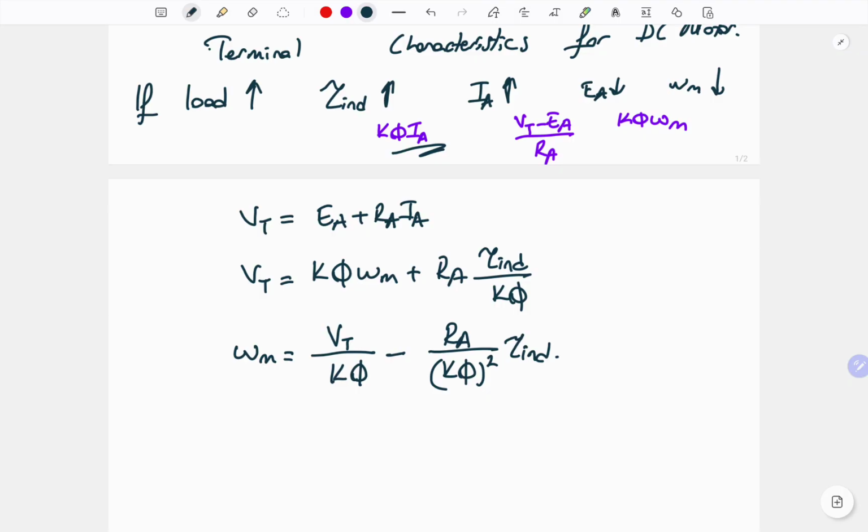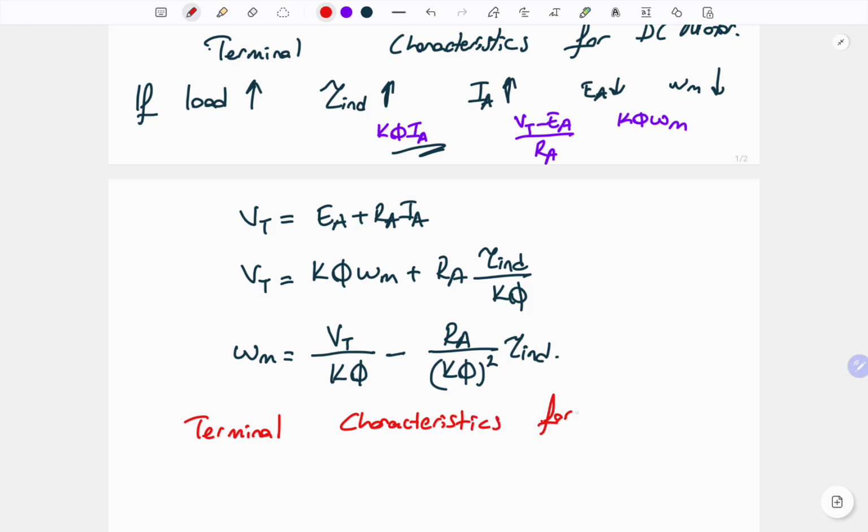What about the generator operation? For the generator operation terminal characteristics, we will examine the output voltage, that means the terminal voltage, and output current.